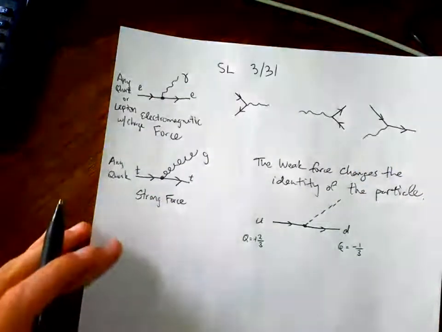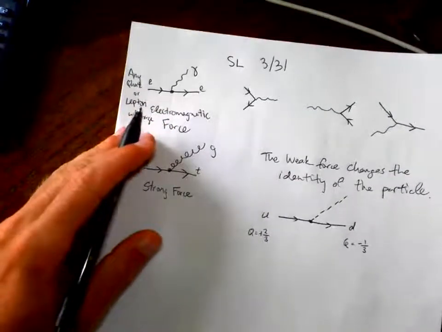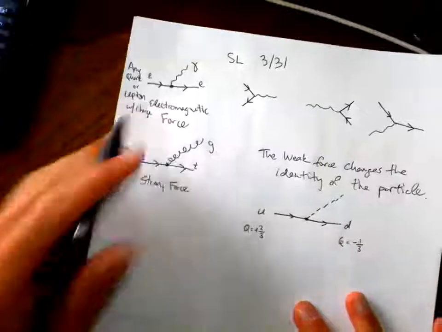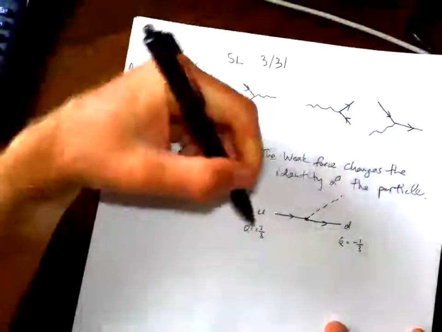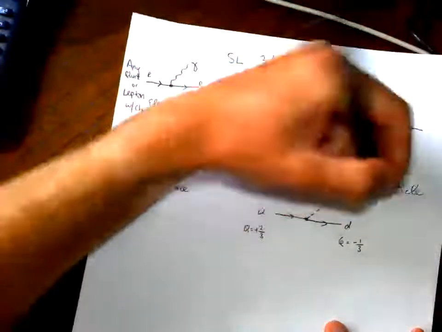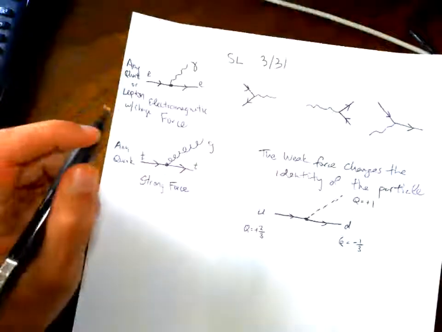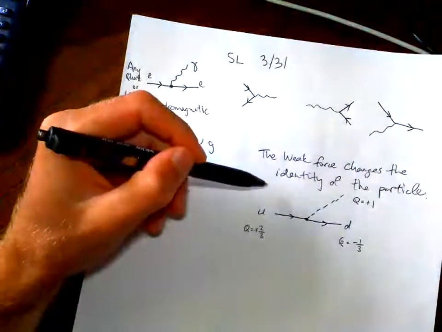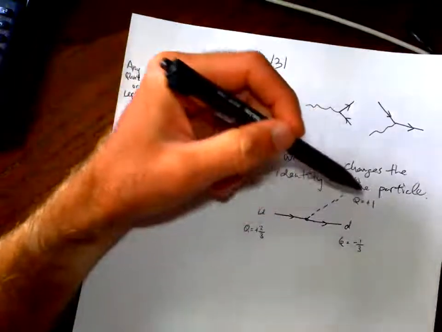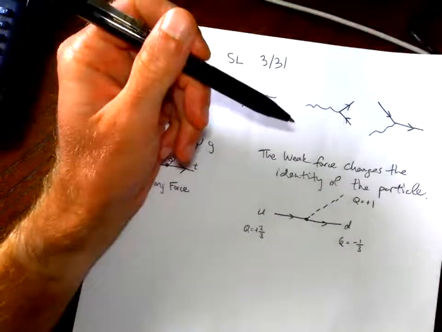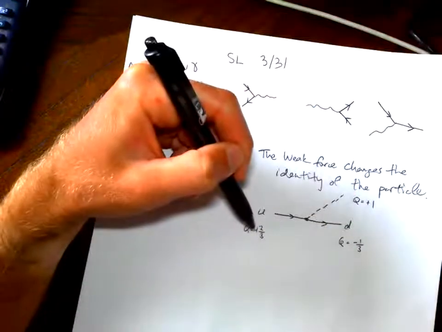So what that means is that this thing, whatever this is, has to have a charge of plus 1. Why is that? Because in the past, we had a charge of plus 2/3. That means in the future, we have to have a charge of plus 2/3. And 1 minus 1/3 is 2/3.